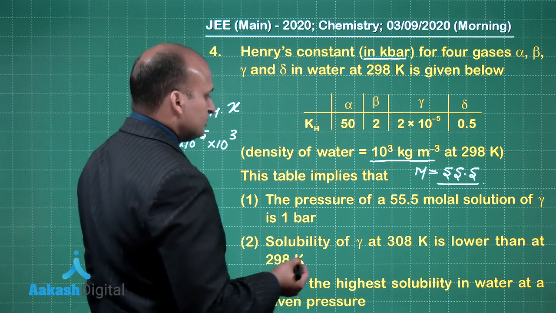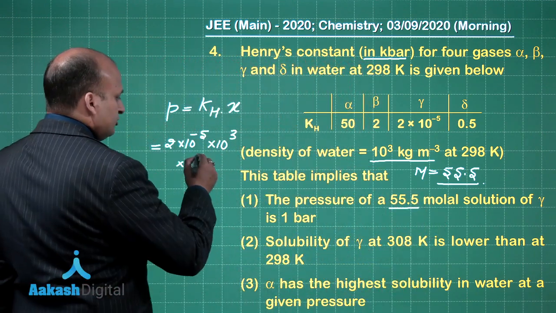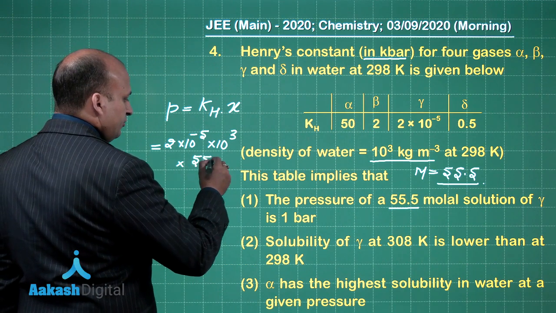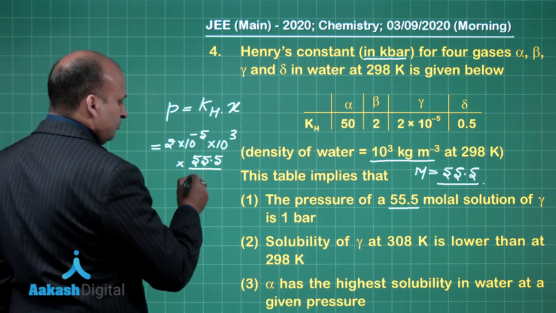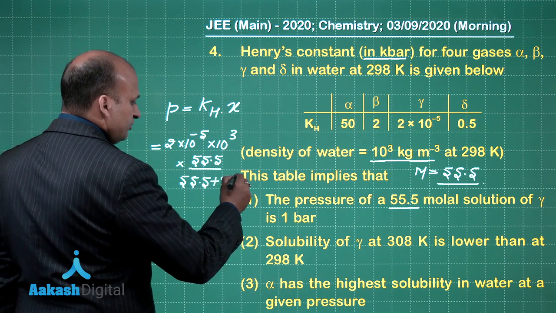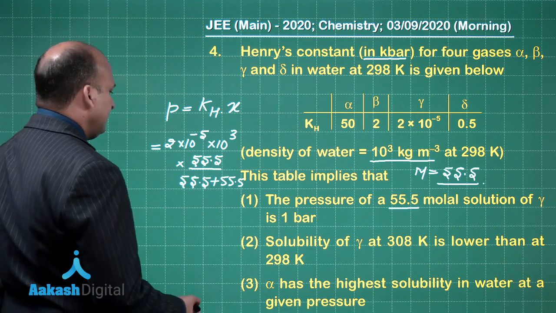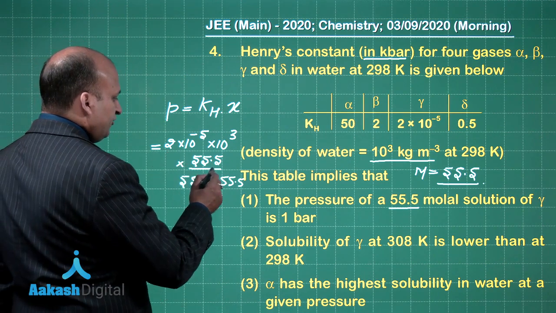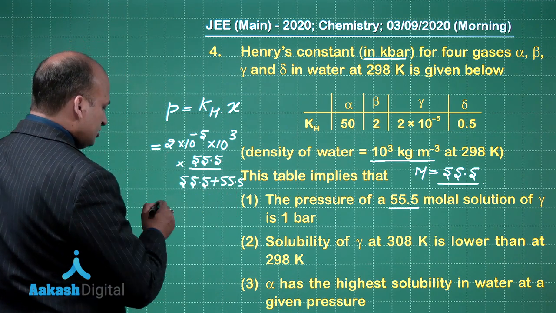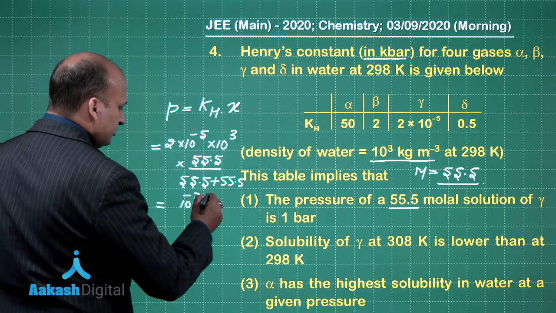What is the number of moles of the solute given over here? 55.5. This is the moles of solute and this will be the moles of solvent, right. So basically 2 into 55.5 divided by this, it gets cancelled and you will be getting 10 raised to power minus 2 bar.